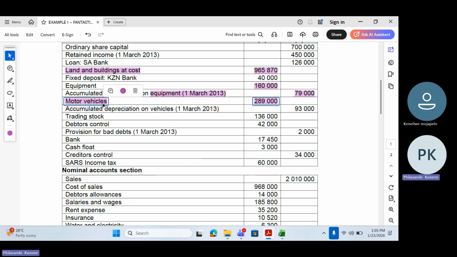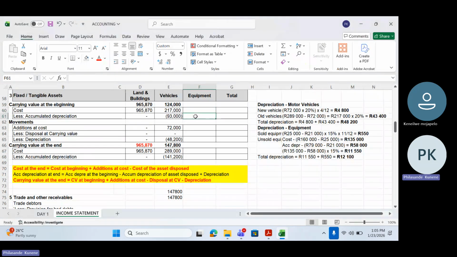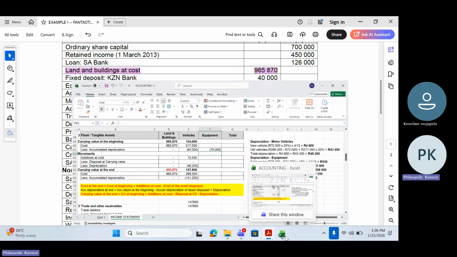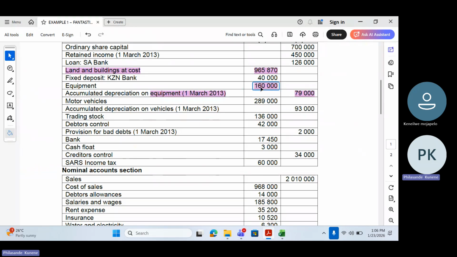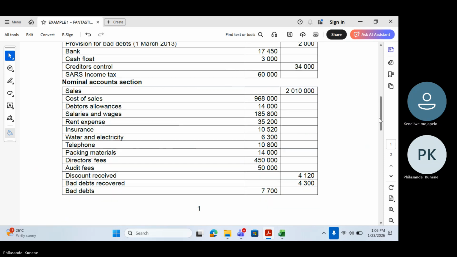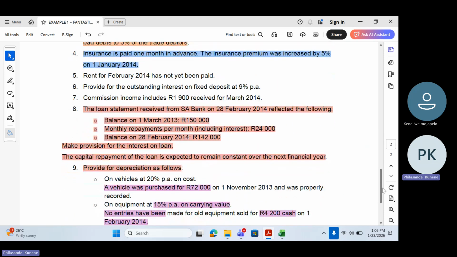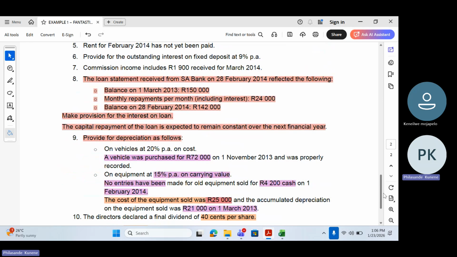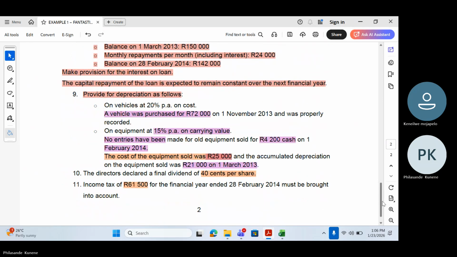So which means now I can take that 79,000 and put it as what? Accumulated depreciation at the beginning. I'm going to have minus 79,000 here. Then now what about this cost of 160,000? It includes the sold asset, né?